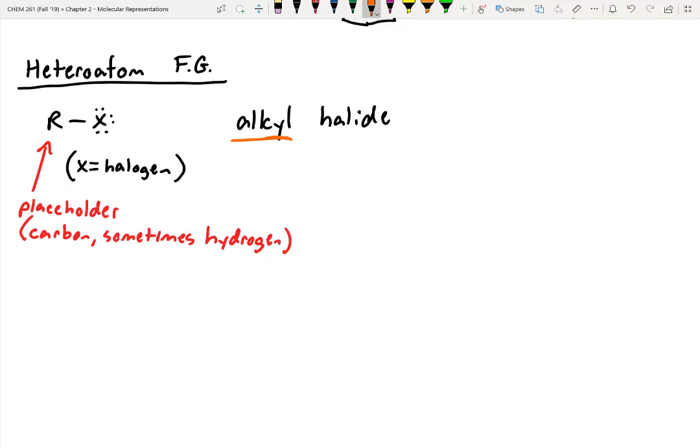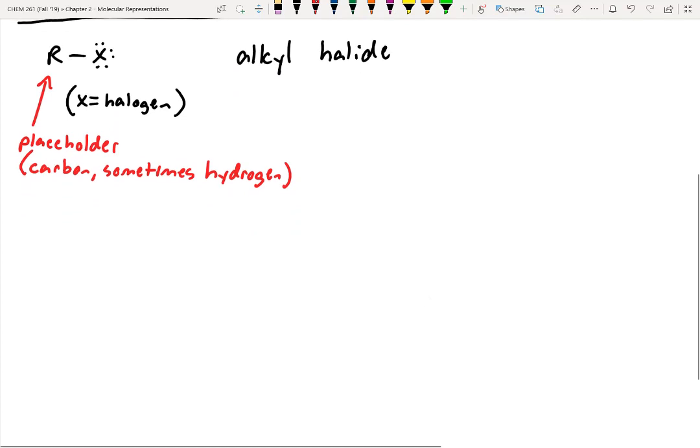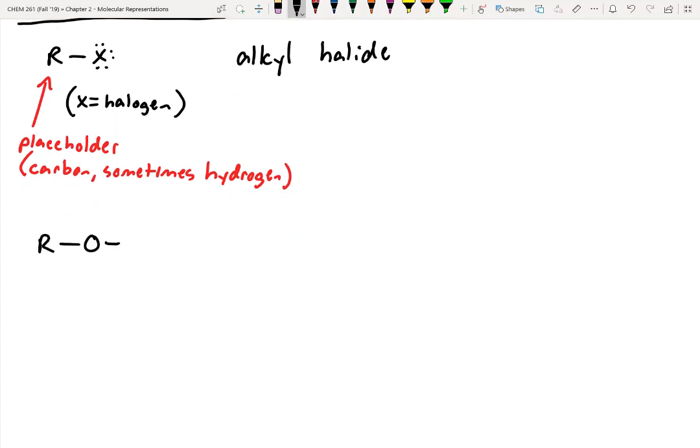There's a bunch of them, right? So we could even be more specific and indicate the type of halogen on there. Does that make sense? All right, next one. Does anybody know what this would be called? Again, R in this case is usually going to be a carbon, not a hydrogen. Otherwise, we're just drawing water.